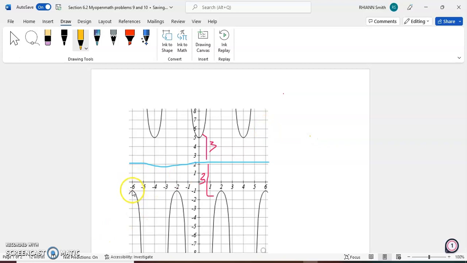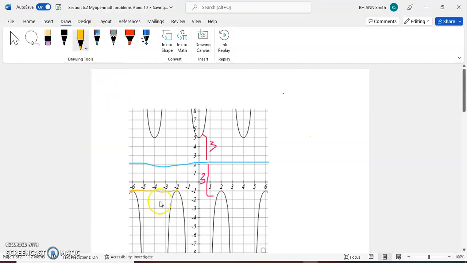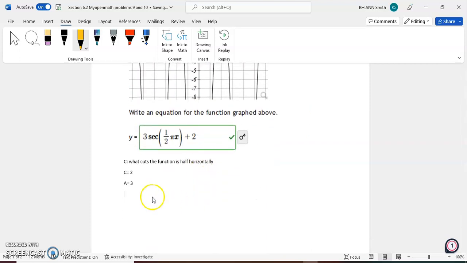Let's try this from point -6, -1 to point -2, -1. And let's just see how many spaces that is over. So that's 1, 2, 3, 4. So that's 4 spaces. And let me write the 4. So we're going to use this number for our period.